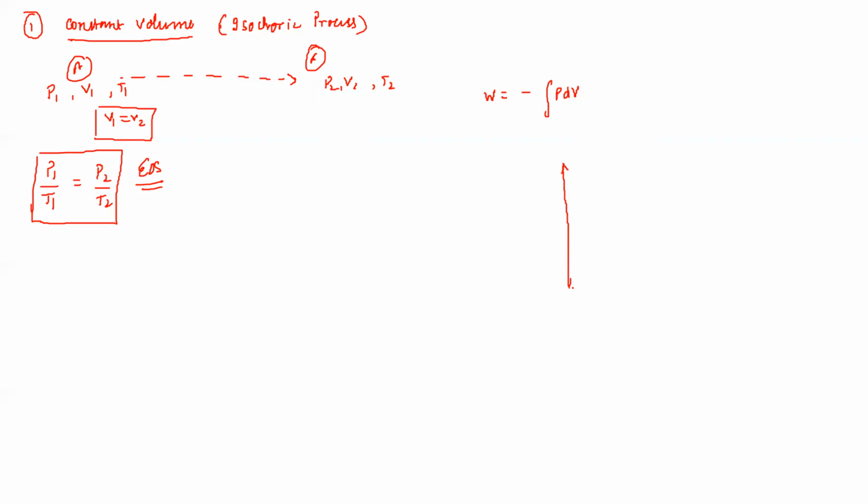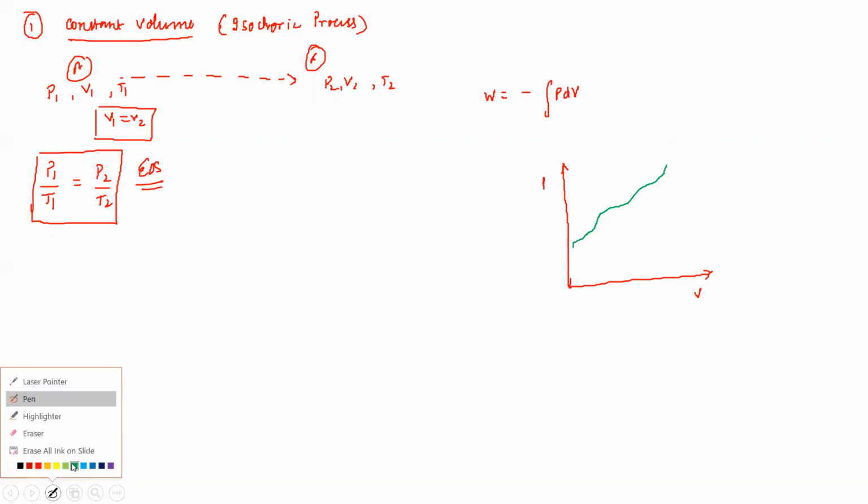If I draw a PV diagram, in general, for work done, let's say this is my PV diagram for a particular process, and it is going from its initial volume V1 to its final volume V2.